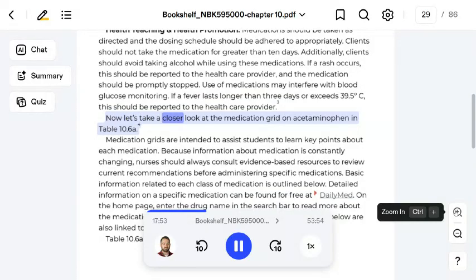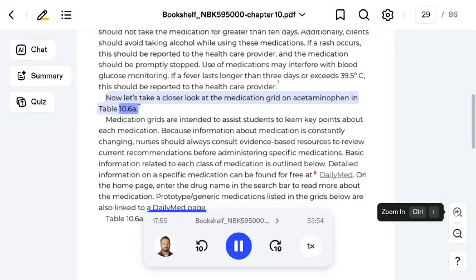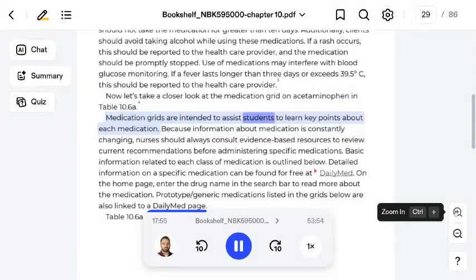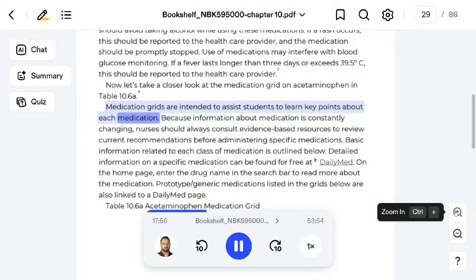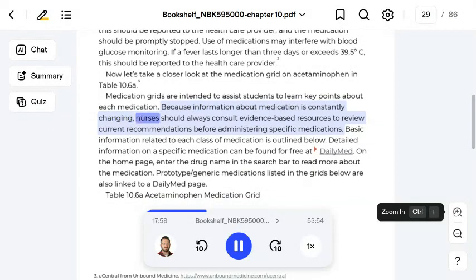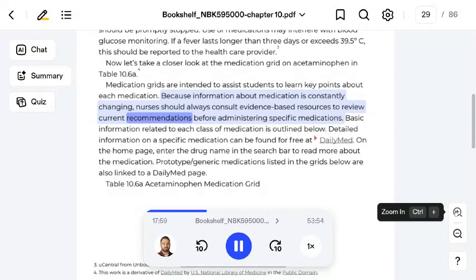Now let's take a closer look at the medication grid on acetaminophen in Table 10.6a. Medication grids are intended to assist students to learn key points about each medication. Because information about medication is constantly changing, nurses should always consult evidence-based resources to review current recommendations before administering specific medications.